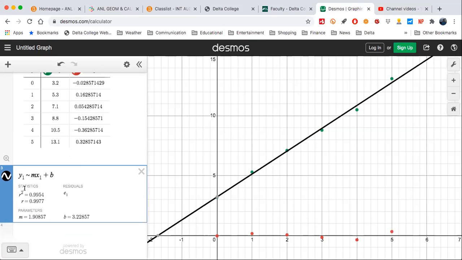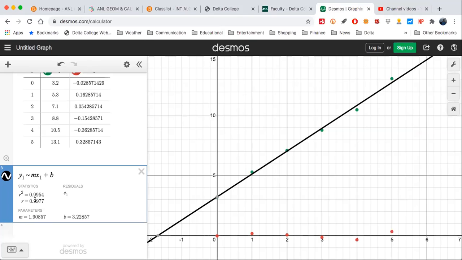This r value and r squared value is a measure of how closely you fit. If your r and r squared values are close to 1, then this is a really good fit. Notice my values are over 0.99. This is almost unheard of in real data. So if I were working with data from a real situation, an r value of 0.9954 or 0.9977 would be unheard of.